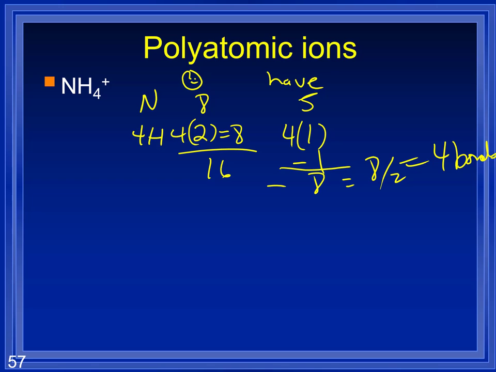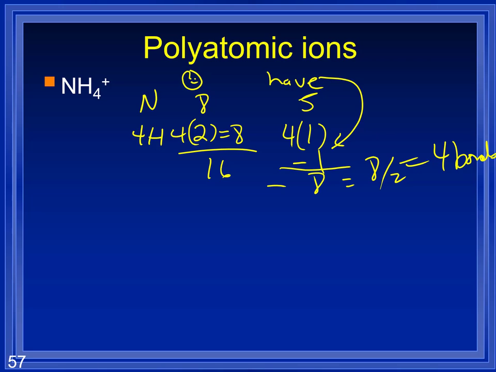Wait, so if it's a plus though, it doesn't mean that it has one less electron? That's why it has 1 less, so that's why I subtracted 1. Oh, okay. No, I went right with your words. Has 1 less, so I subtract 1. Okay? So 4 bonds, and the fewest I could get away with would be 4, right? 5 atoms, 4 is the fewest.